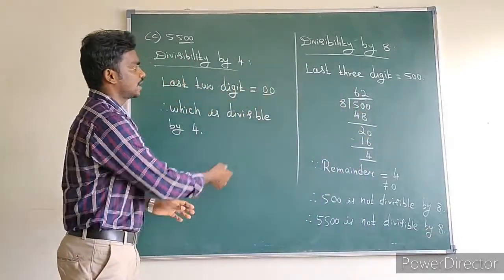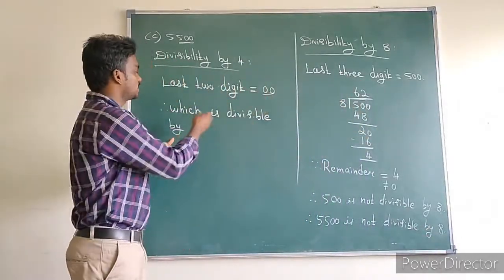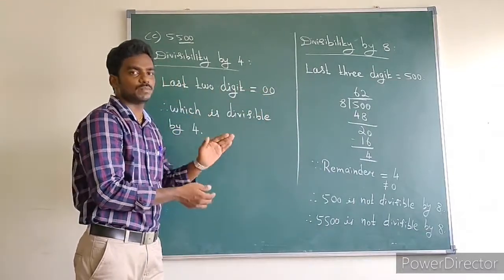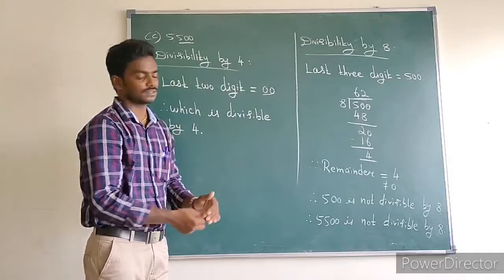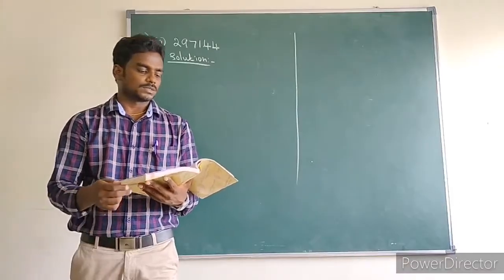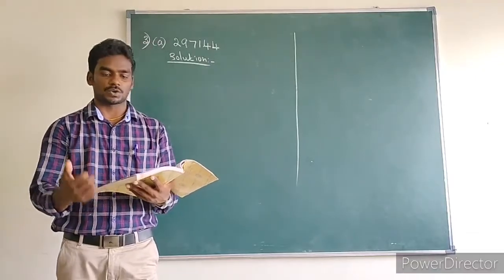So in our conditions, the last 2 digits are 0, so this number is divisible by 4. Suppose the last 3 digits are also 0, which means it is divisible by both 4 and 8. So the second pattern's remaining questions are your homework.